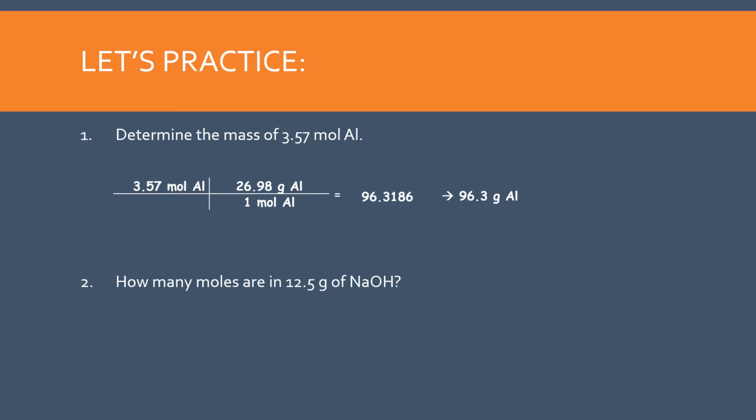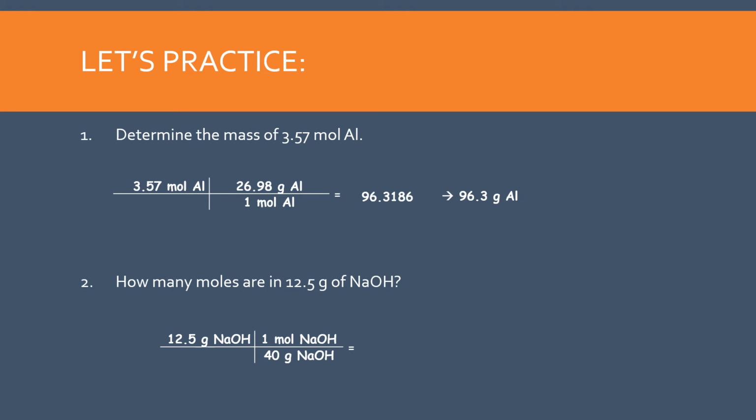Again, I would pause the video, try to do number 2 on your own, and see if you get the same thing I do. So for number 2 here, it says how many moles are in 12.5 grams of NaOH. So this time we have a compound. So start with our mass. In this case, again, we're starting with our mass. So that means the thing in the bottom we have to cancel out is a mass.